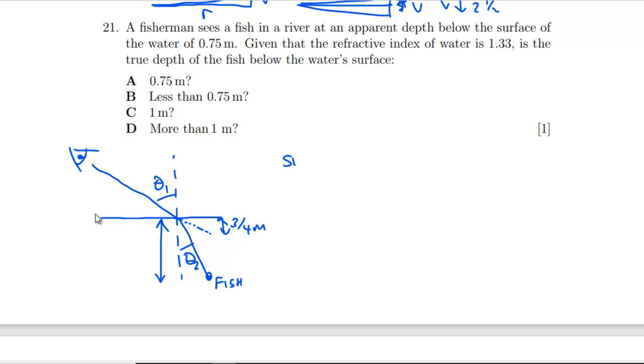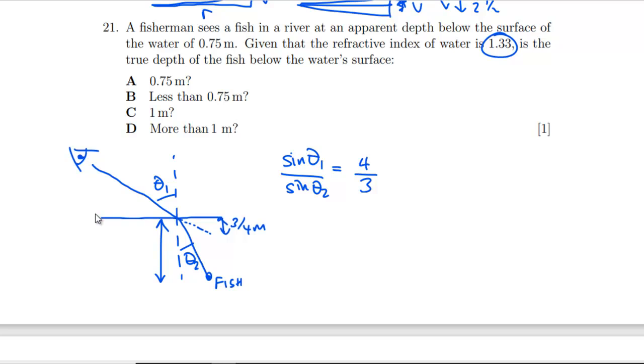So let's just do our Snell's law bit first. Sine θ1 over sine θ2 is going to be equal to 4 divided by 3, taking that to be 4 over 3 rather than writing 1.33. So if we've got that, what else have we got something to do with?